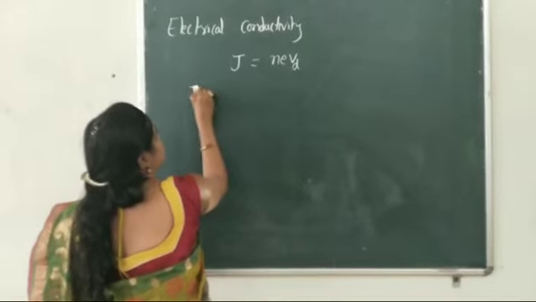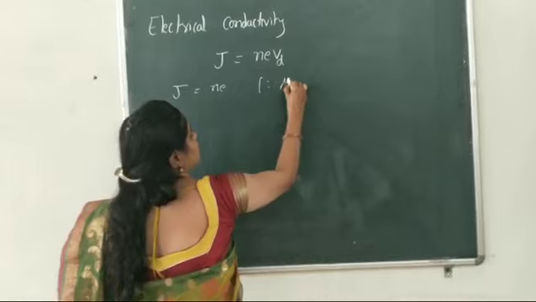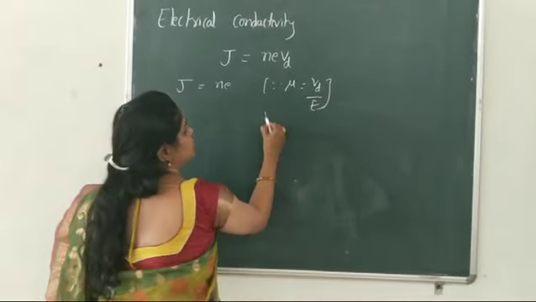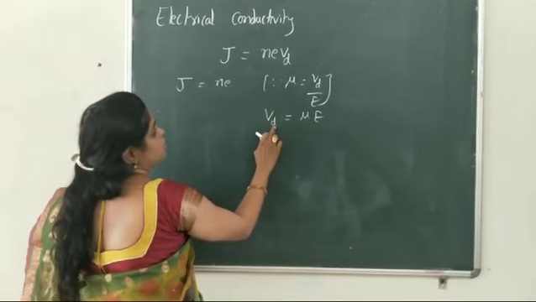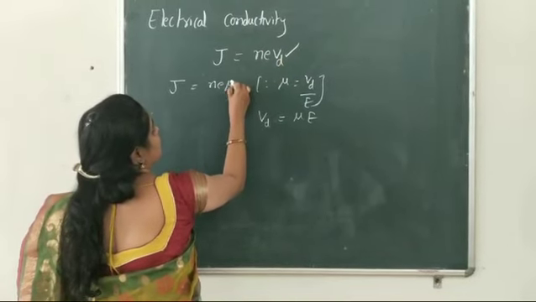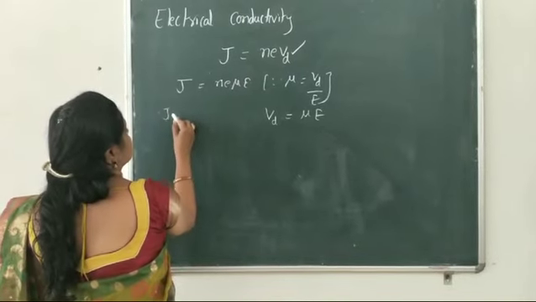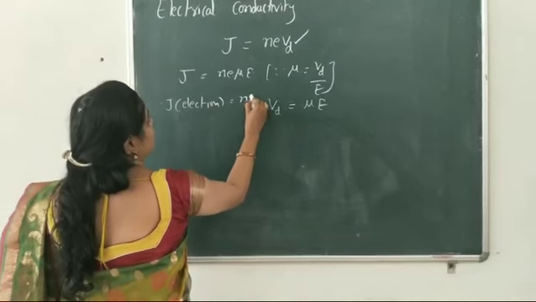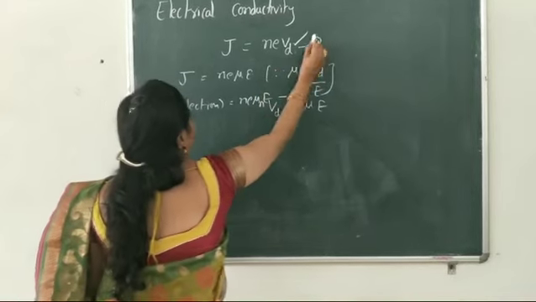Since mobility mu equals drift velocity per unit electric field, Vd equals mu into capital E. Then you can substitute Vd in this equation, so J equals n e mu E. So the current density due to electrons, J of electrons, equals n e mu n into capital E.